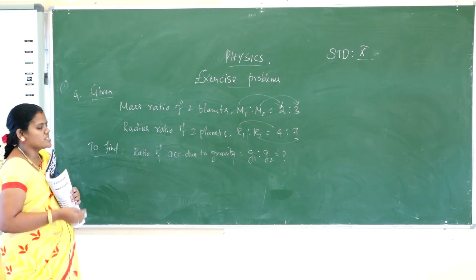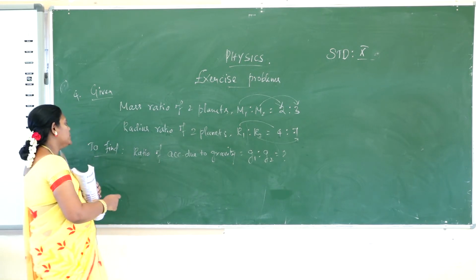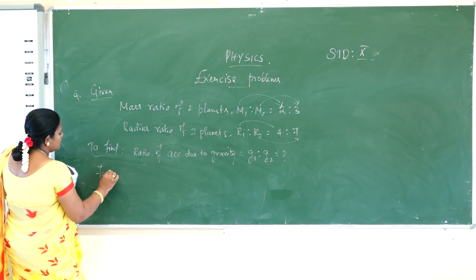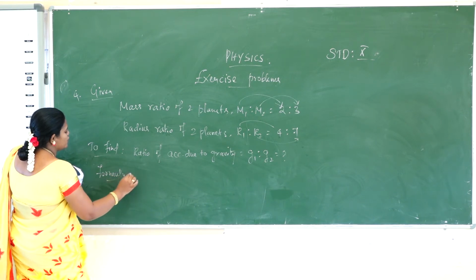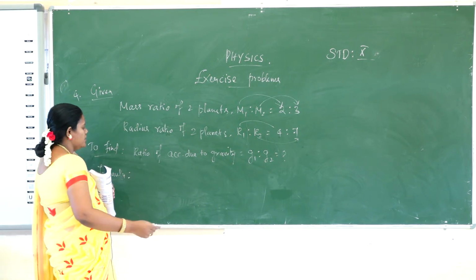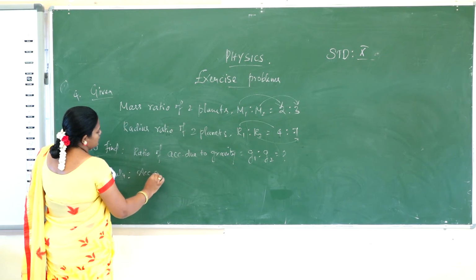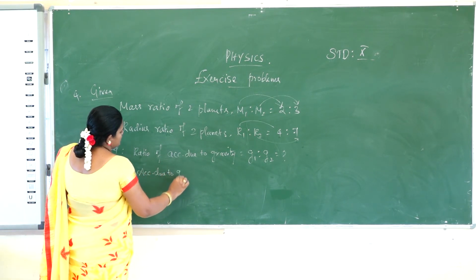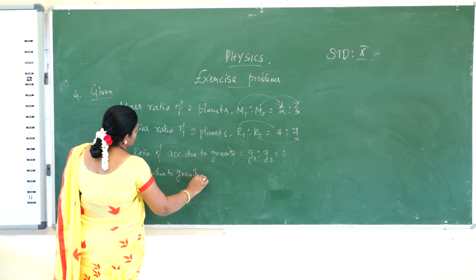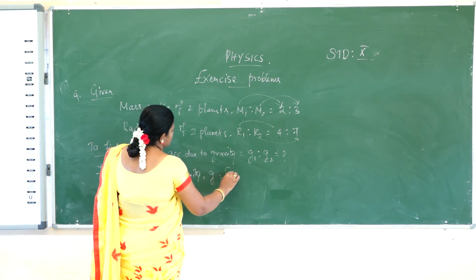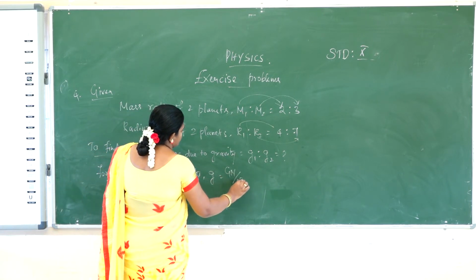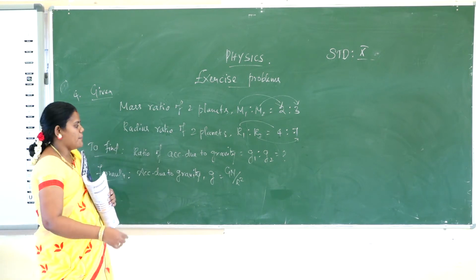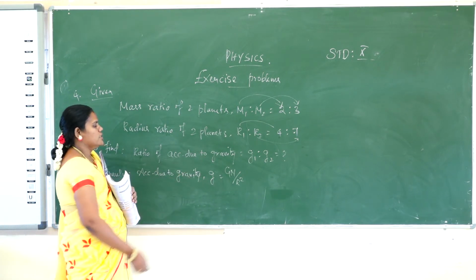How will you find out? What is the formula we use to solve the problem? What is the relation between g and G? Acceleration due to gravity g is equal to GM by r square. This formula will be used in this problem.